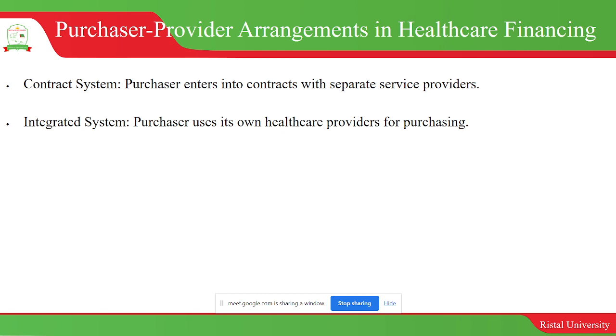So this is to say that you have an organization with its own health providers or health workers providing services to a given group of people, and that is what we can call an integrated system. So there are different kinds of arrangement between the individuals who want to get healthcare services and those who are going to provide healthcare services.